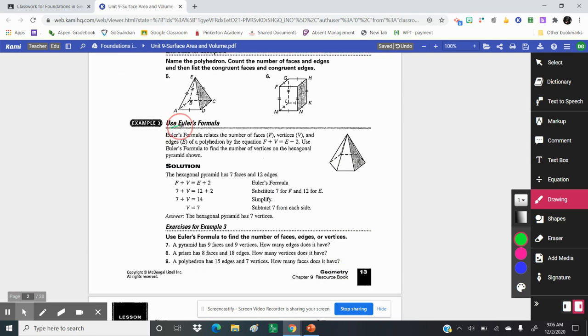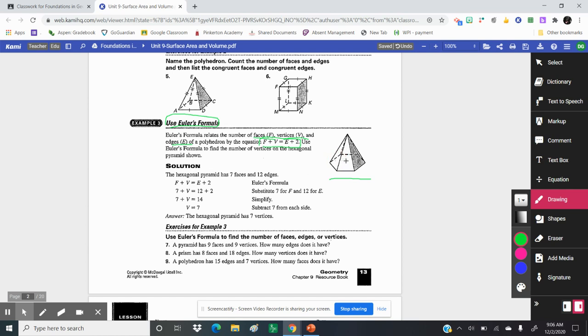There's this thing here called Euler's formula. Euler's formula gives you a relationship between the faces, the vertices, and the edges of a polyhedron. It'll tell you that the number of faces plus the number of vertices is going to equal the number of edges plus 2. So here, if you take a look at this particular figure, let's find out how many faces it has.